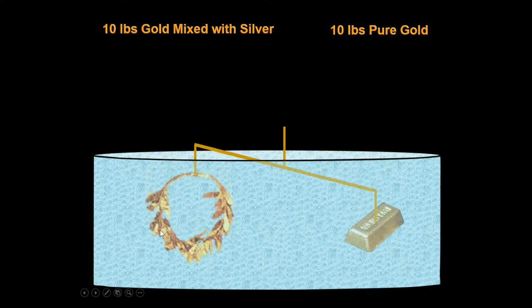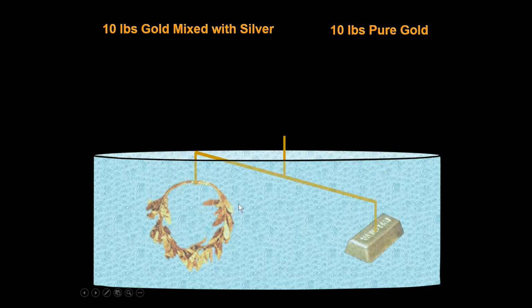Then this would have displaced more water than that did, so the buoyant force would have been bigger on this object than over here. So out of water, this weighs 10 pounds, and this weighs 10 pounds. But if this had a bigger volume, I'm just making up numbers here, the buoyant force may have displaced 3 pounds of water, and this would have only displaced maybe 2 pounds of water because it was more dense and took on a smaller volume.